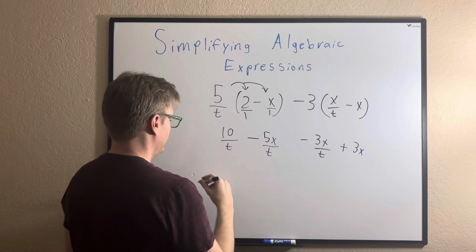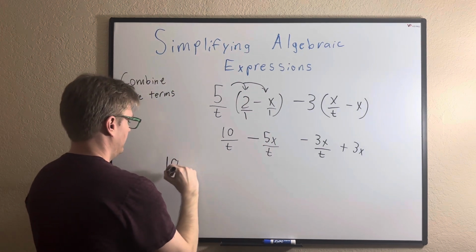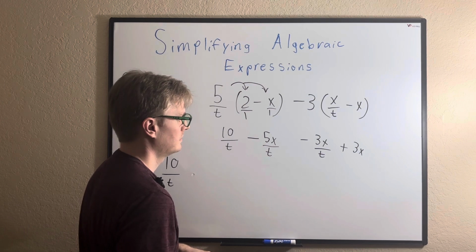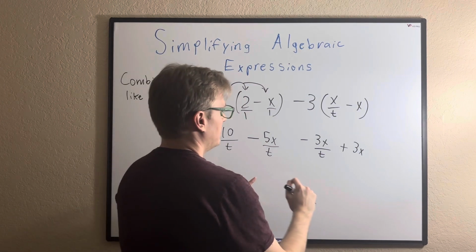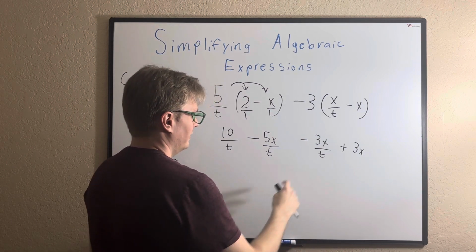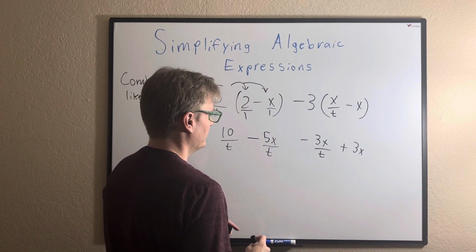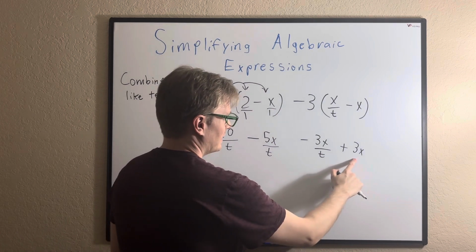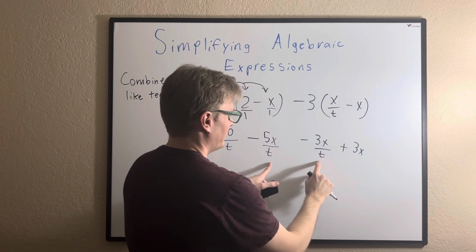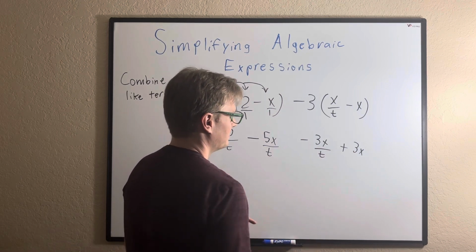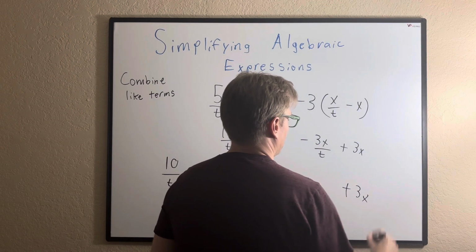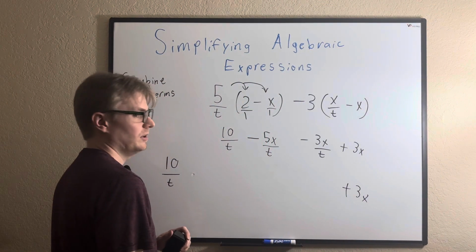So this 10 over t, that stays the same. It can't be combined with anything. This 3x, well, we have some other things with x in it, but these also have that t in the denominator, so that 3x can't be combined with anything either.